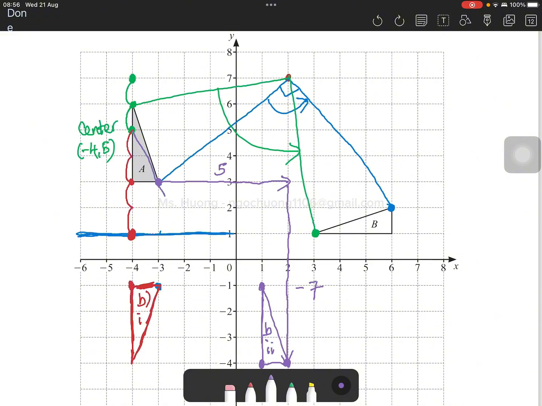So we continue to move on 2 more units. So the image of the purple point is here. And finally, we'll join these 3 points together. And this is the image of the triangle A after an enlargement, scale factor 2, and the center is (-4, 5). This is question B, number 3.